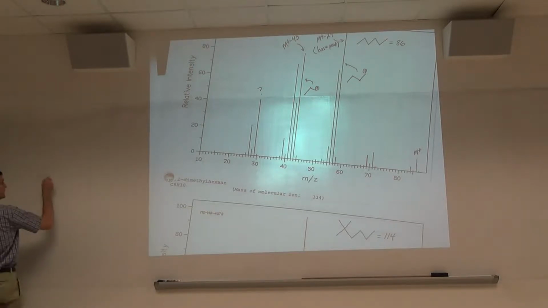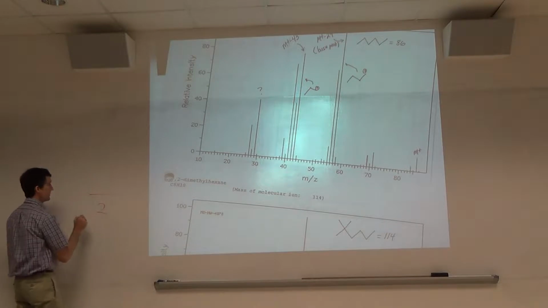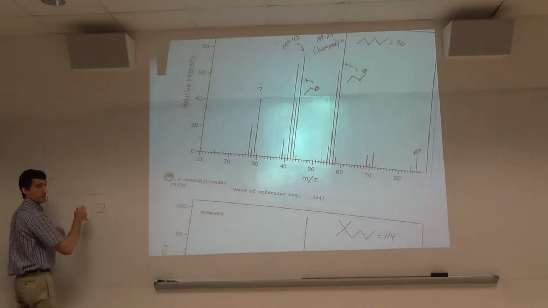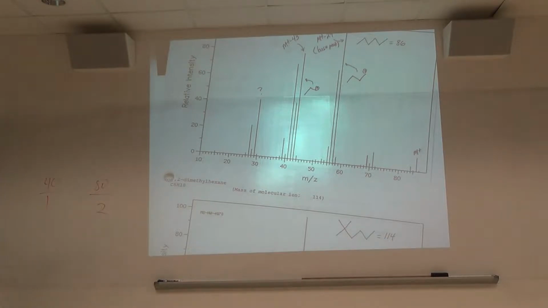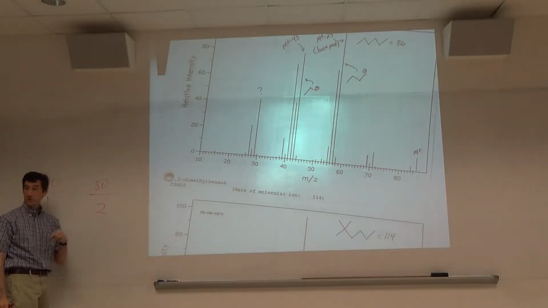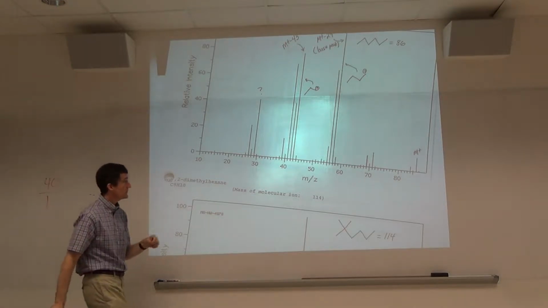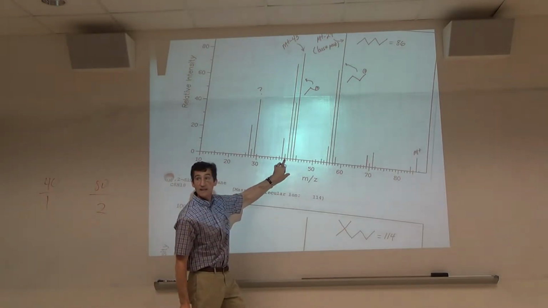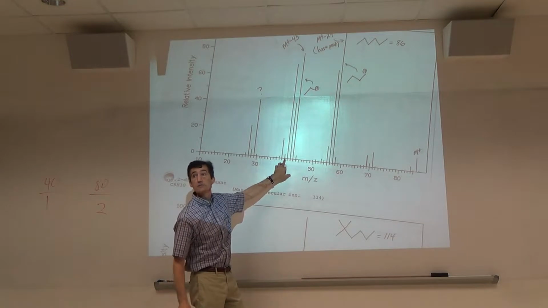It's either 40 to 1 if the charge is 1, but if the charge is 2, what's this number going to be? 80. And so you do have to be careful. This could be a species that has a mass of 80, but also has a charge of plus 2.